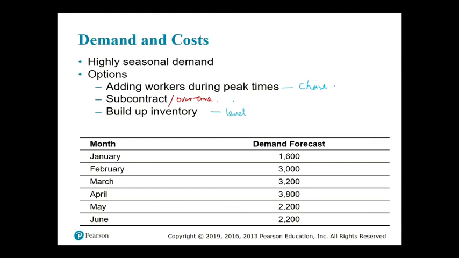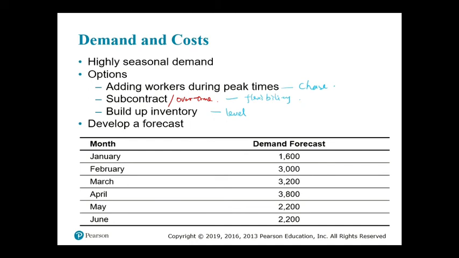Level strategy. And this one is flexibility. Alright, so then using demand history, we built up this demand forecast. So based on this demand forecast, we can start the aggregate plan.